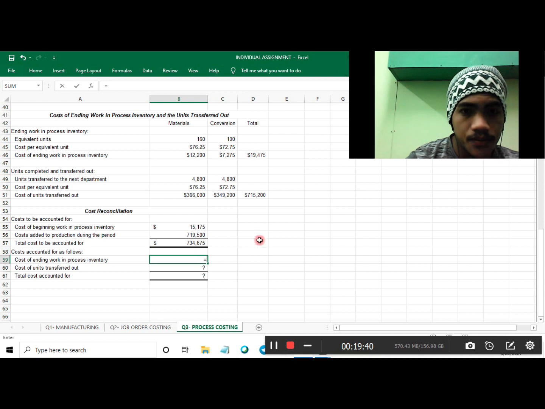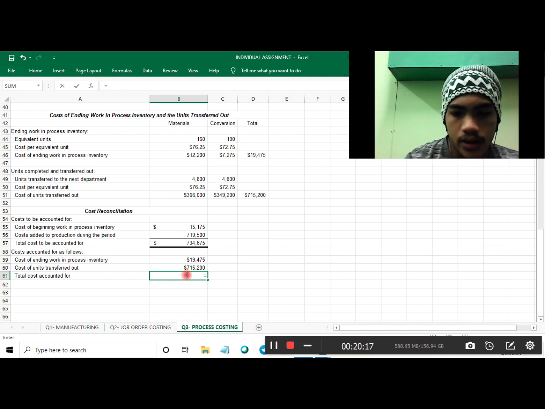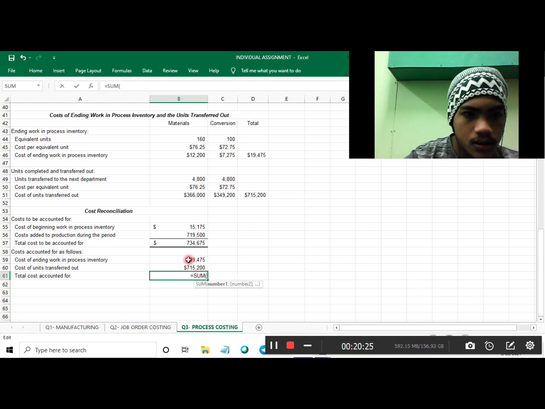And then we find costs accounted for as follows: cost of ending WIP, we just take from this, 19,000, and then cost of units transferred out is 715,200. So we total the costs accounted for using the formula sum: cost of ending WIP plus cost of units transferred out.